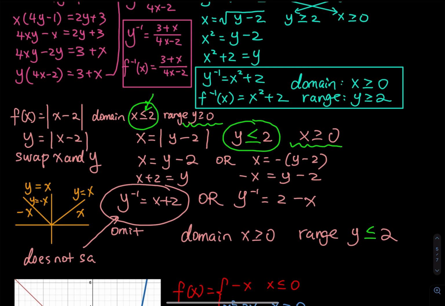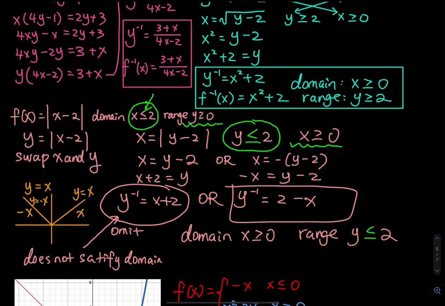Then this is the inverse function, because when x is like 100, y is less than or equal to 2. So this is the one that we want. The first piece doesn't satisfy the domain. You have to check this at the end, and that's why I picked a function involving absolute value.